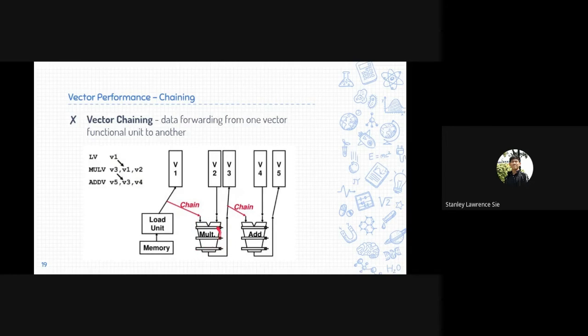And the same goes after that. When the first element is done, it will be supplied to the next functional unit, which is the adder functional unit. And this will be done continuously until we have done these operations for all the elements in the vector.